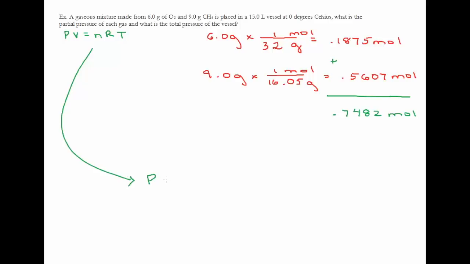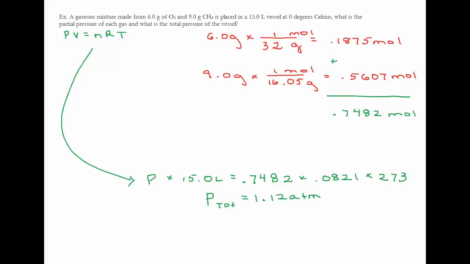So pressure times my volume, which is 15.0 liters, equals my total number of moles, which is 0.7482, times my R, which is 0.0821, times my temperature in Kelvin, which is 273. And so my total pressure, my P total, is going to be 1.12 atmospheres.